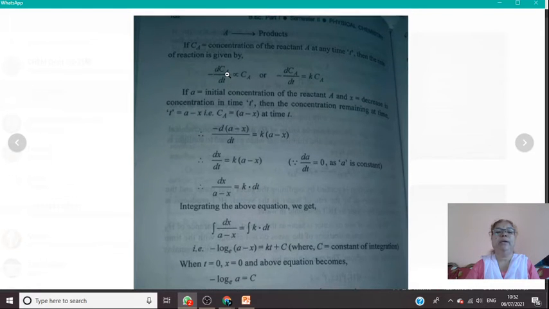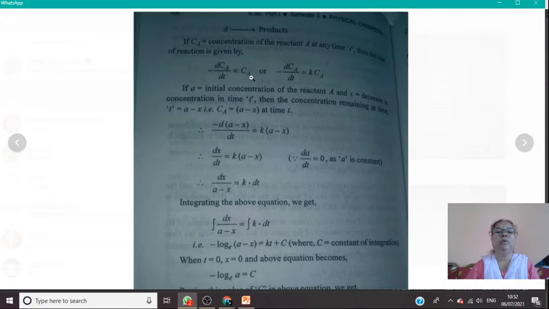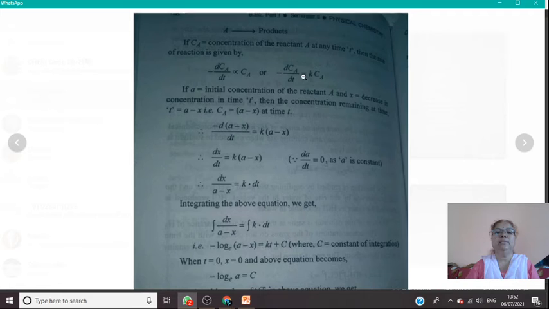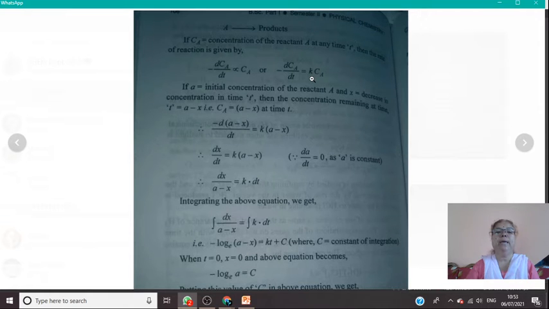That means the rate of change of concentration with time is proportional to the concentration of reactant, that is CA. So minus dCA by dt equals K into CA, where K is the proportionality constant, and we call this K the rate constant or velocity constant or specific reaction rate. Last time you have learned this.